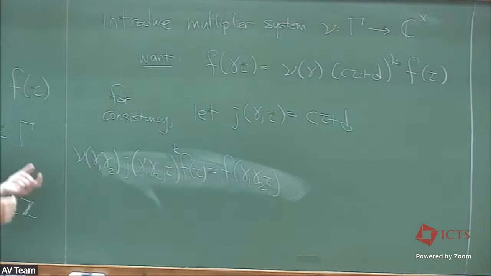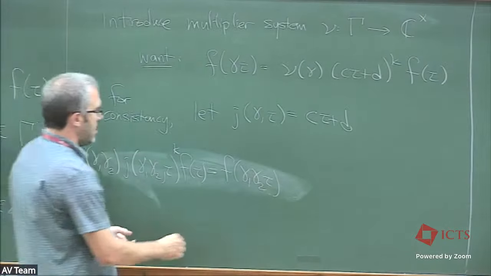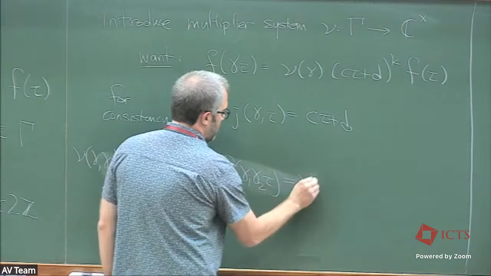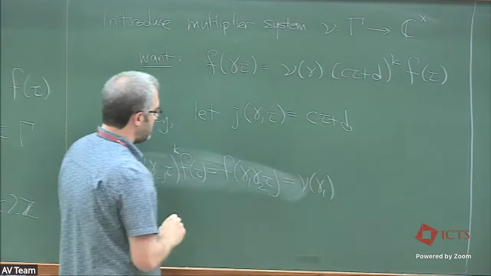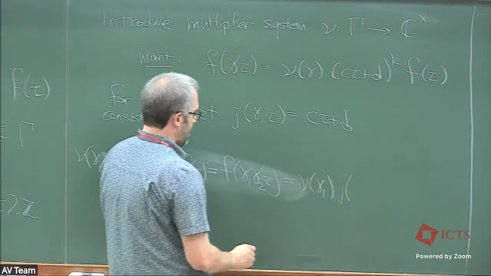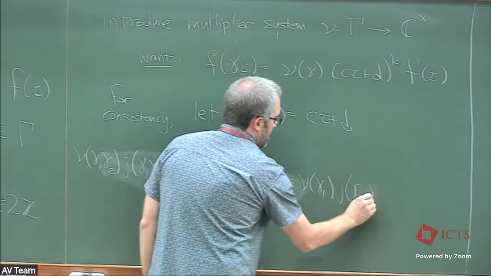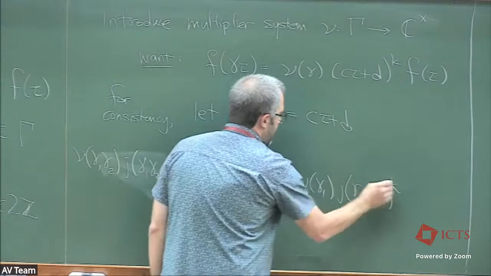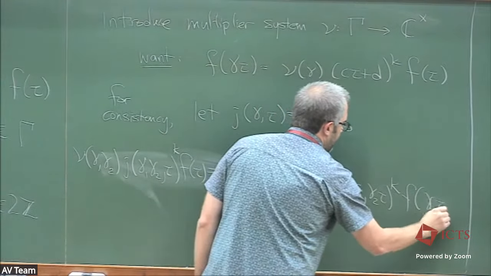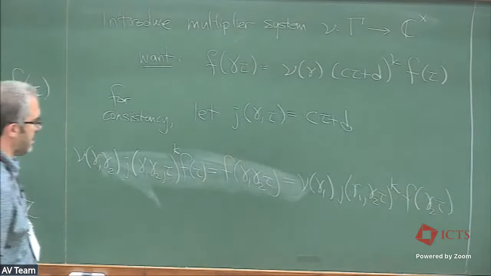But now if we think of it as two matrices, let's compute this using just gamma 1. So what we should get is nu of gamma 1 times j of gamma 1 gamma 2 tau to the k, f of gamma 2 tau. That's just using gamma 1.